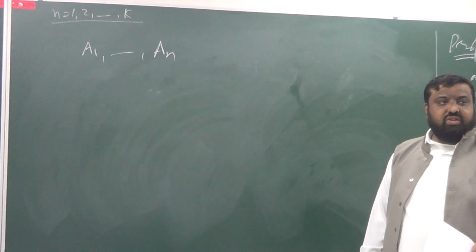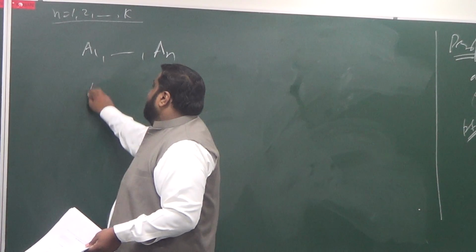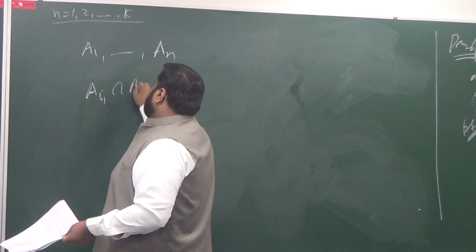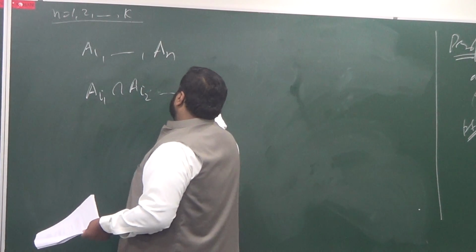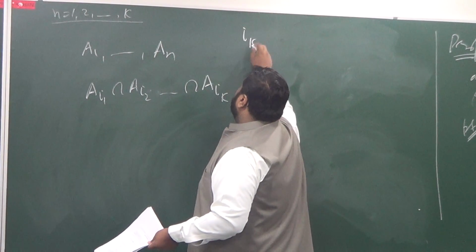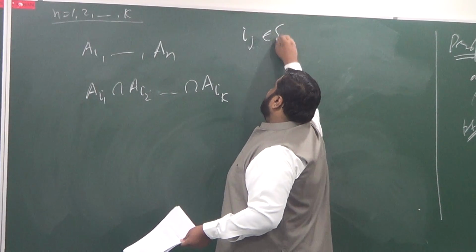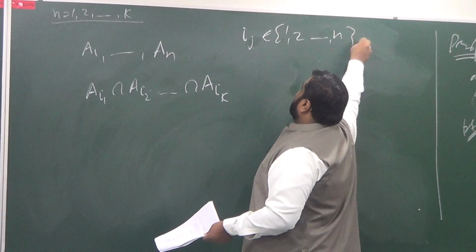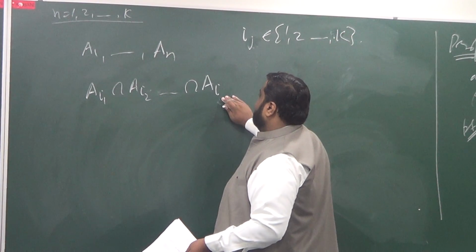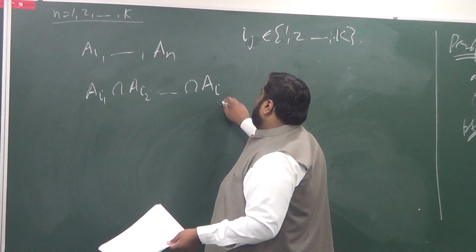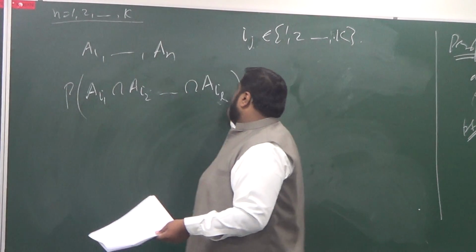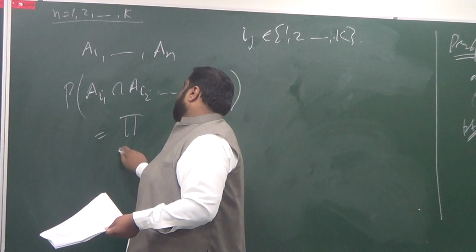So take any A_{i1} intersection A_{i2} intersection, and so on, up to A_{iL}, where all the indices are from 1 to n, and the probability of this is equal to the product of the probabilities.